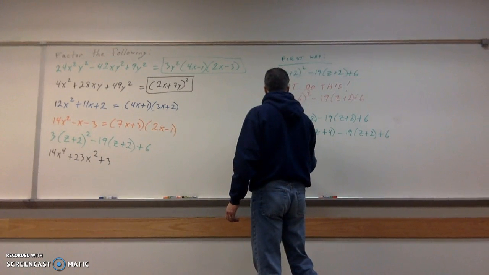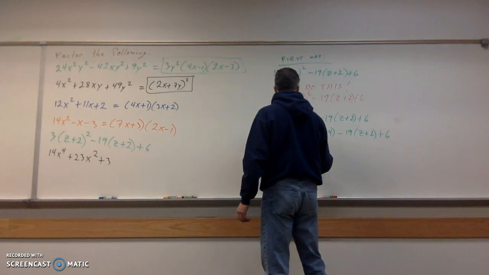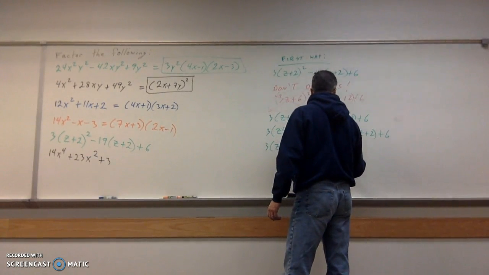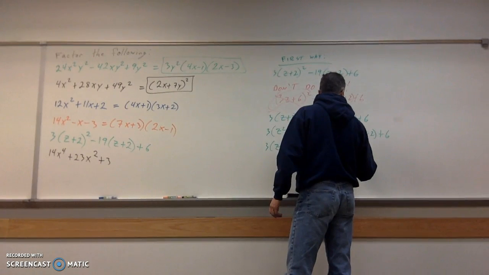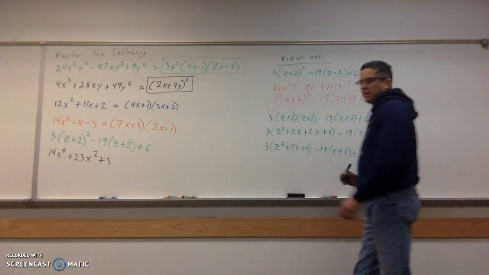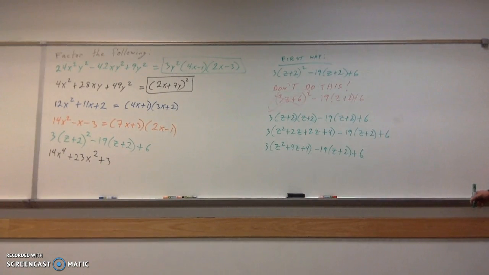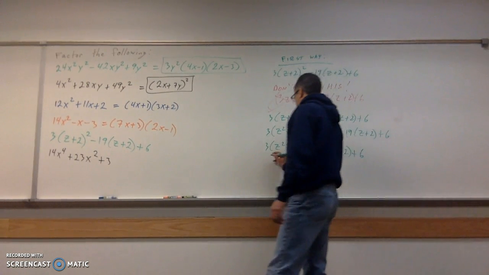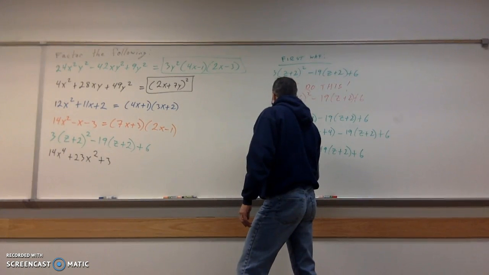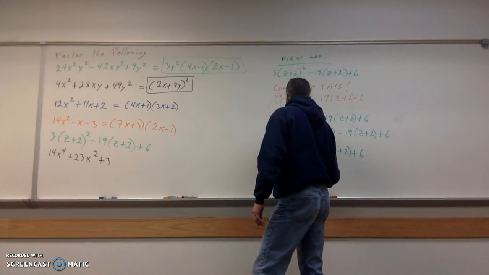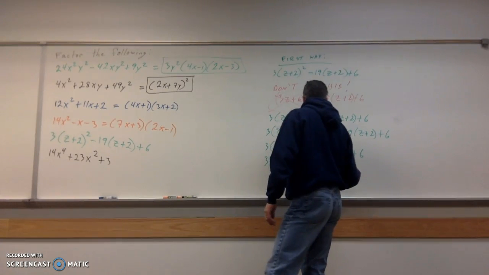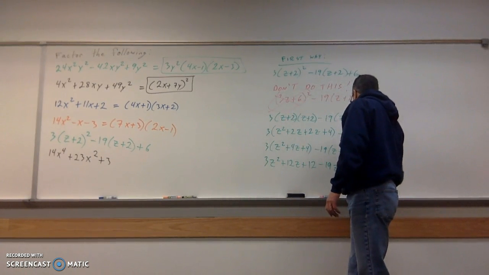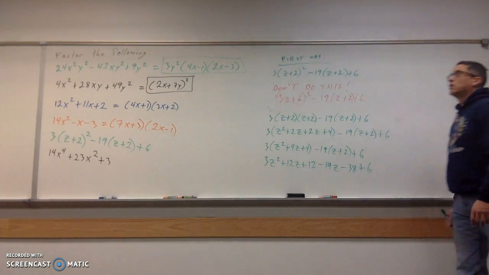So 3 times the quantity of z squared plus 4z plus 4. That's all I did on that step. Now I'll distribute that 3 through, and I'll distribute the negative 19 through. So we're looking at 3z squared plus 12z plus 12 minus 19z minus 38 plus 6.